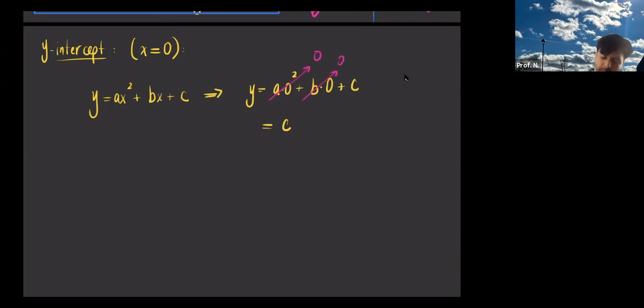So actually c represents the y-intercept. The c value represents the y-intercept. So the y-intercept can be rewritten as the coordinates 0, comma c.